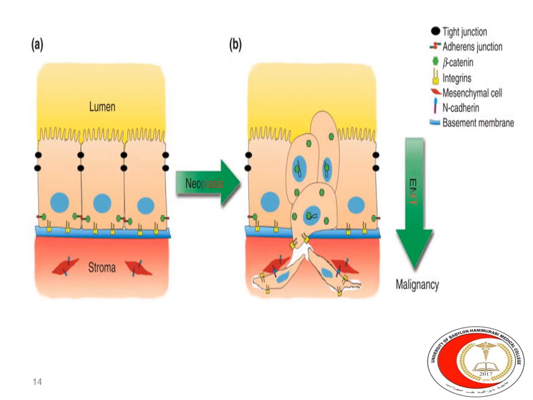The integrins are released from the basement membrane, and they start to pull the cell from the basement membrane to the extracellular matrix.